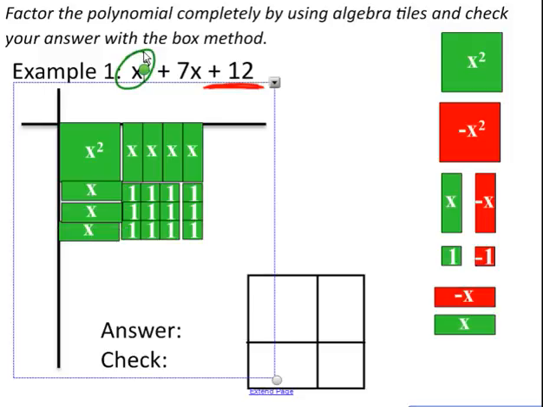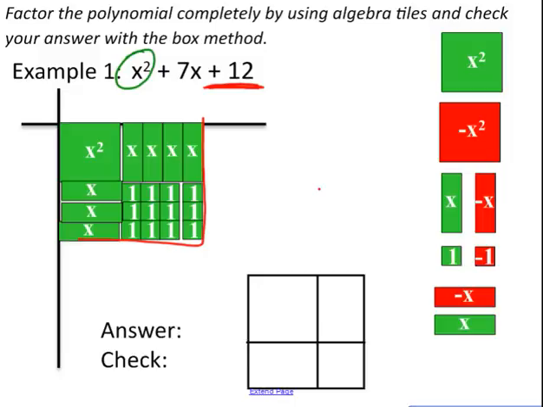So, I've got a nice perfect box. I've got my 12 individuals in here. I've got my 1x squared. 4 and 3 are going to make 7, so I look good. Now I've got to think about what my answer is going to be.